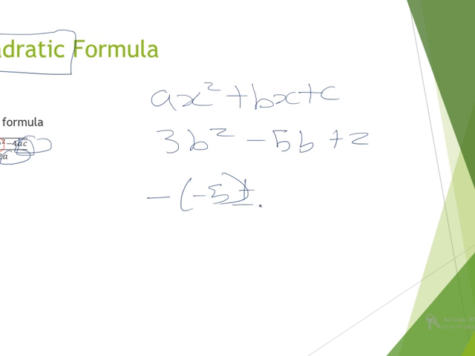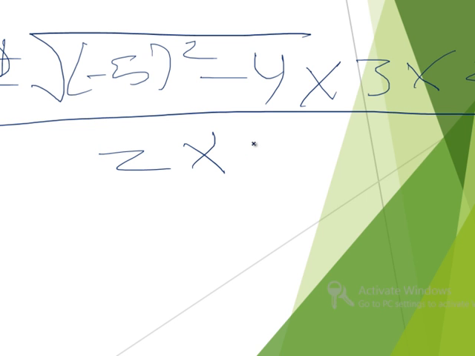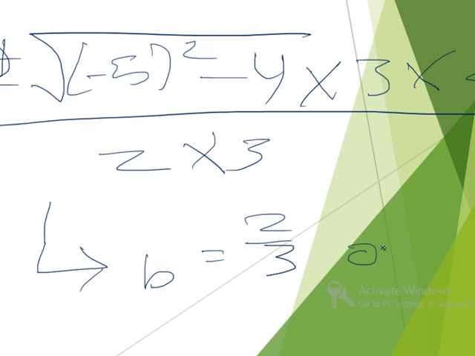So plus and minus root of negative 5 squared minus 4 times a, which is 3 in this case, times 2, divided by 2a, 2 times 3, and then we'll narrow this down until we get our final answer, which will be b is equal to 2 by 3 or b is equal to 1.